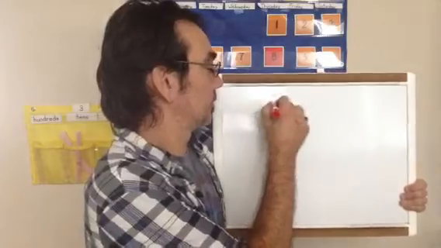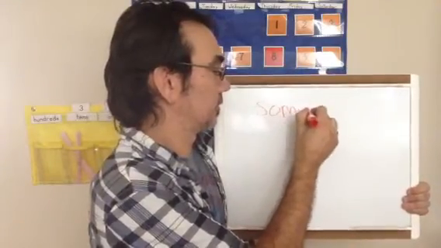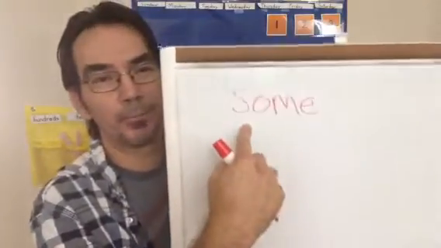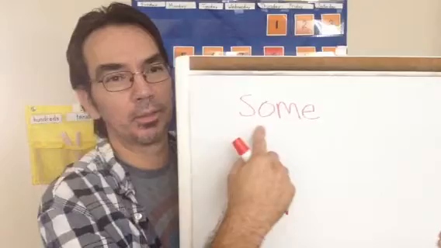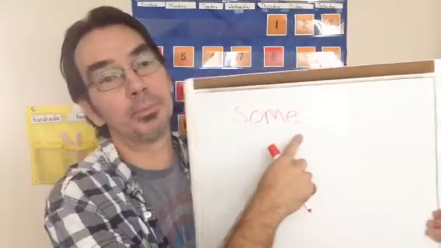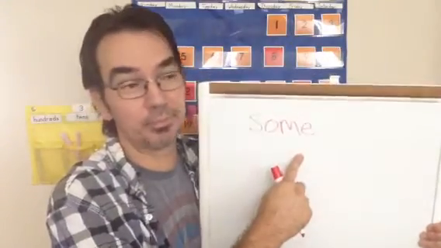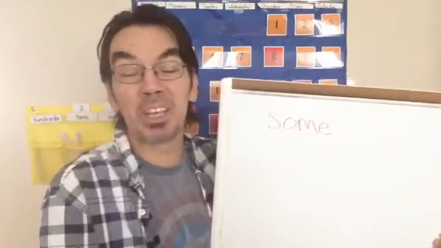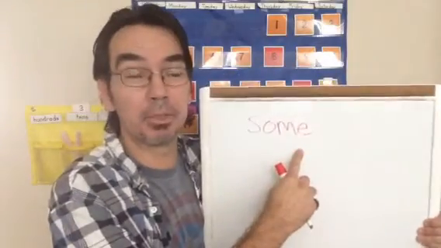And there are some words I want to go over real quick that can help us do that, right? So first off is some. I'm going to have some chips. How many? I'm not giving a number, but there's going to be some.